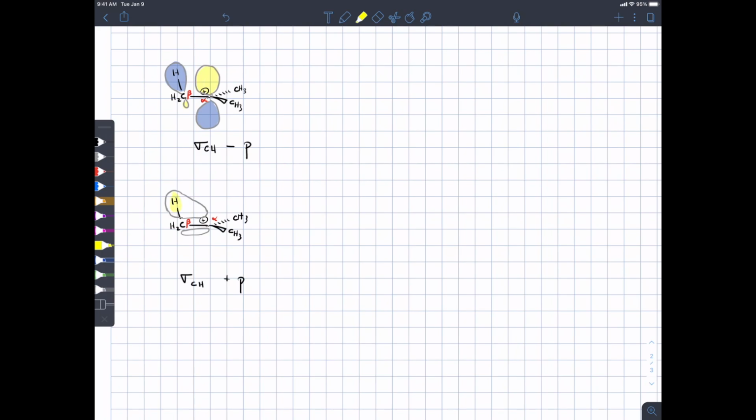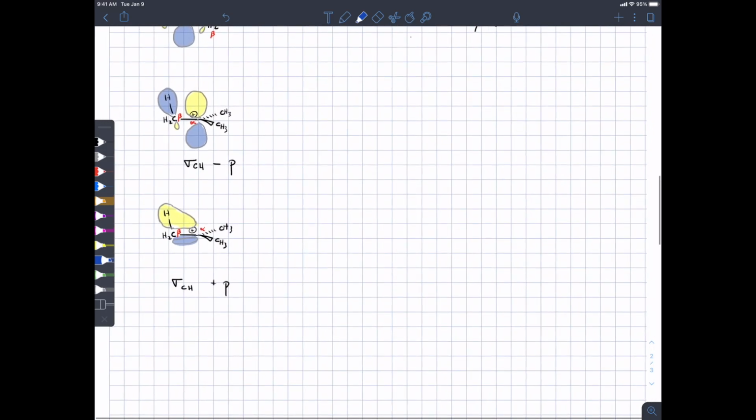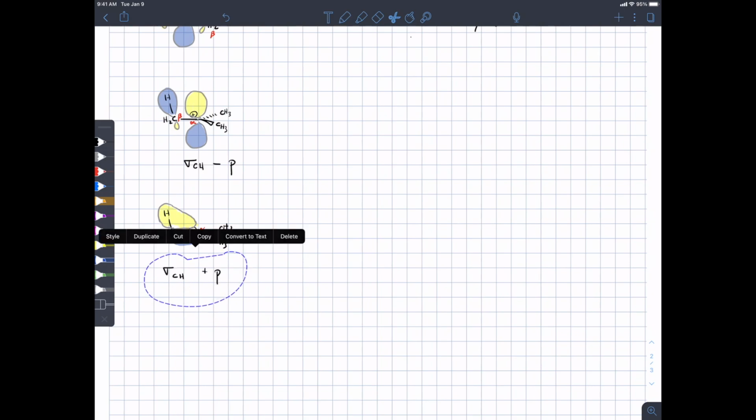Anyway, this is what the plus combination looks like, where the electrons in the carbon-hydrogen bond are partially delocalized toward where the empty p orbital is. And if you look at that and think, what if I made it so that these electrons were evenly shared between those two carbons? That would look pretty much like a pi bond, right?